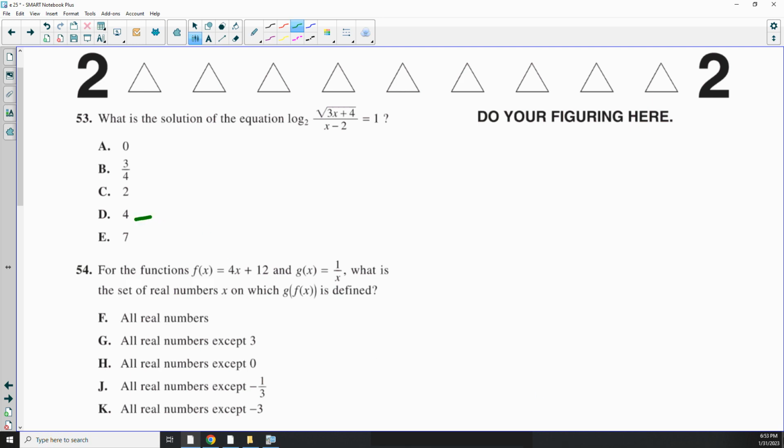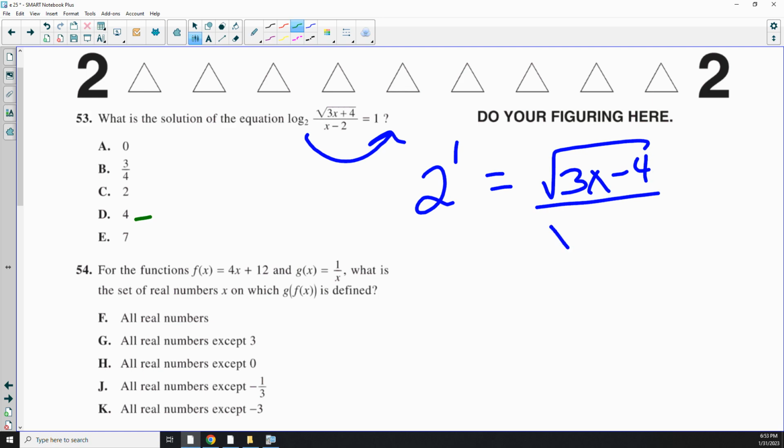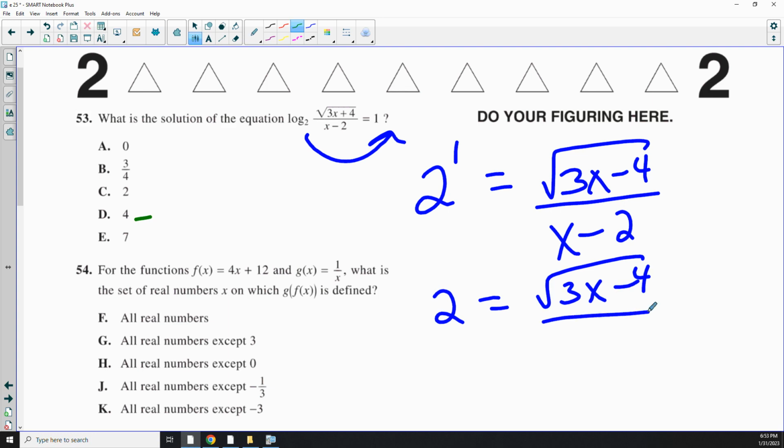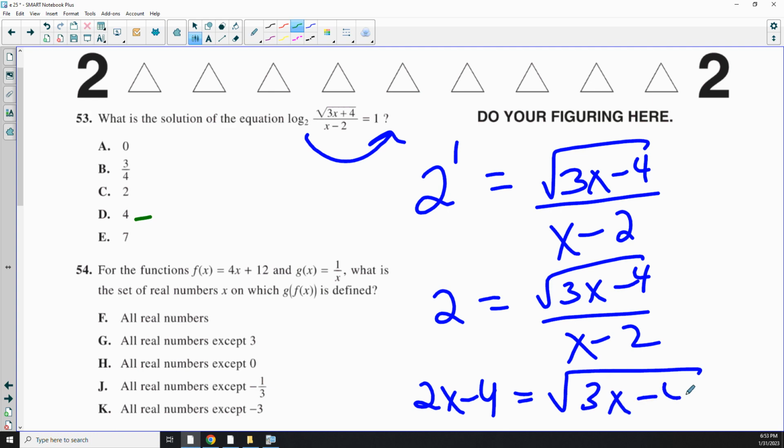Want to do it for real? You're going to hate me. It's log base 2, so 2 to the first power is 2. You're going to have to cross multiply. So it would be 2x minus 4 is equal to that. You could put in equation solver now.